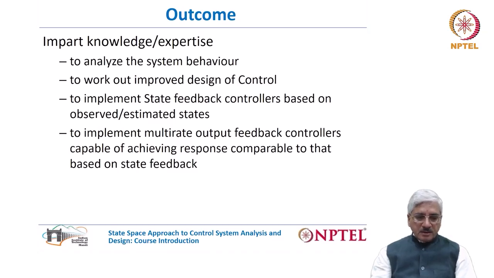One will be able to analyze the behavior of a given dynamic system, work out the design of control and improve it, implement state feedback controllers based on observed or estimated states, or implement multi-rate output feedback controllers such as periodic output feedback or fast output sampling controllers.